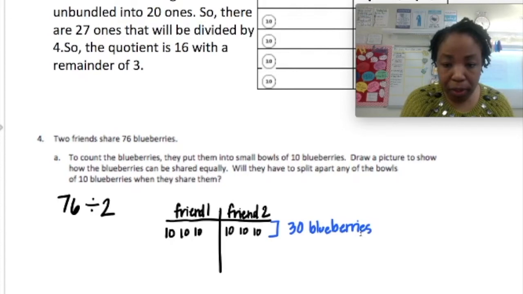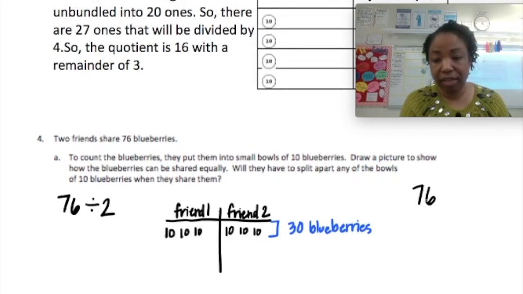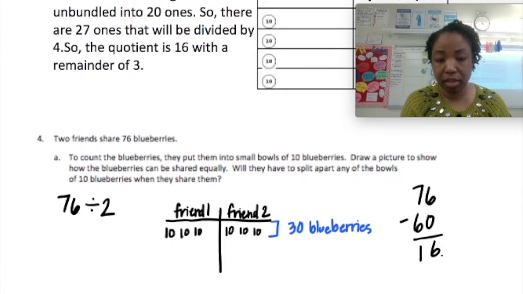Will they have to split apart any bowls of 10 blueberries? Yes, they will. So this gives us 60, right? And they have 76. If they use 60, then they have 16 blueberries that they will have to split.